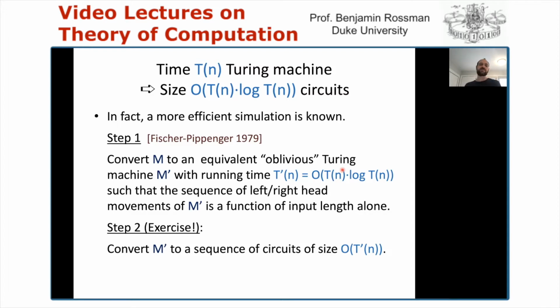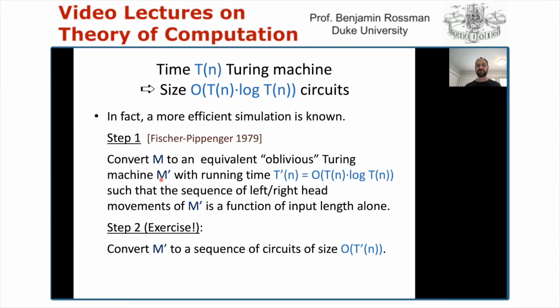Oblivious means that the sequence of left to right head movements of M prime is a function of the input length alone. So on any two strings of the same length, if you're only looking at the sequence of head movements of M prime, they will be the same. Let's take that step for granted.